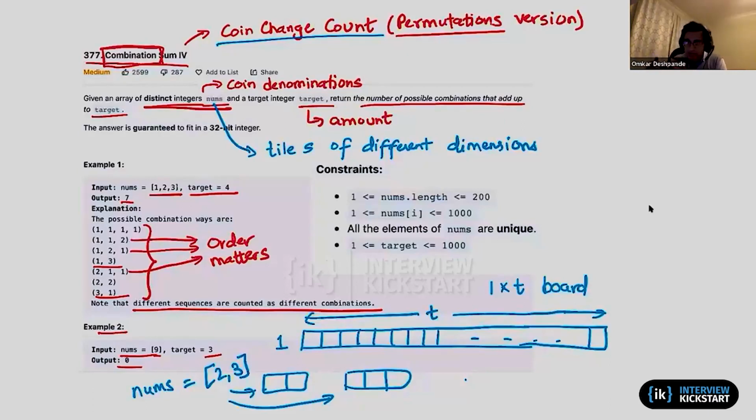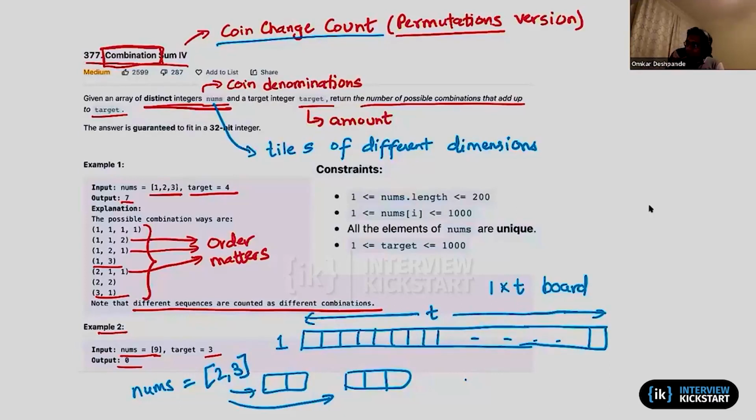So these are two different tilings of the same board. And so we want to count how many different tilings there are under this description. So it's the same abstract problem, just stated in a different way.